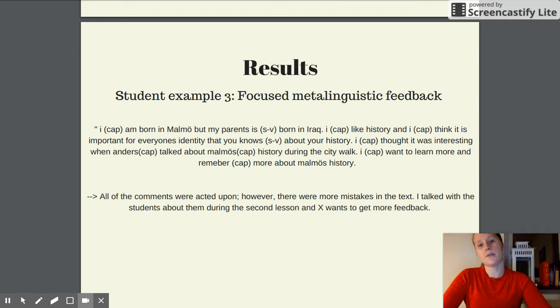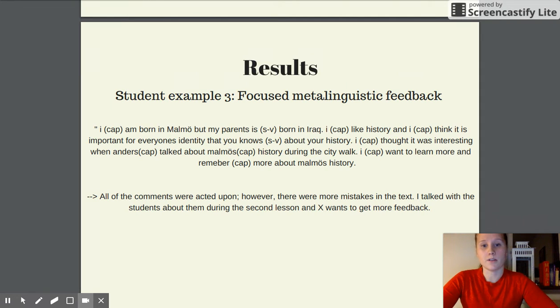And the third example was from a student that got focused meta-linguistic feedback. So I only commented on the actual rules that I had gone through before: capitalization and subject-verb. This student had a problem with capitalization, as you can see in the text, and also subject-verb.